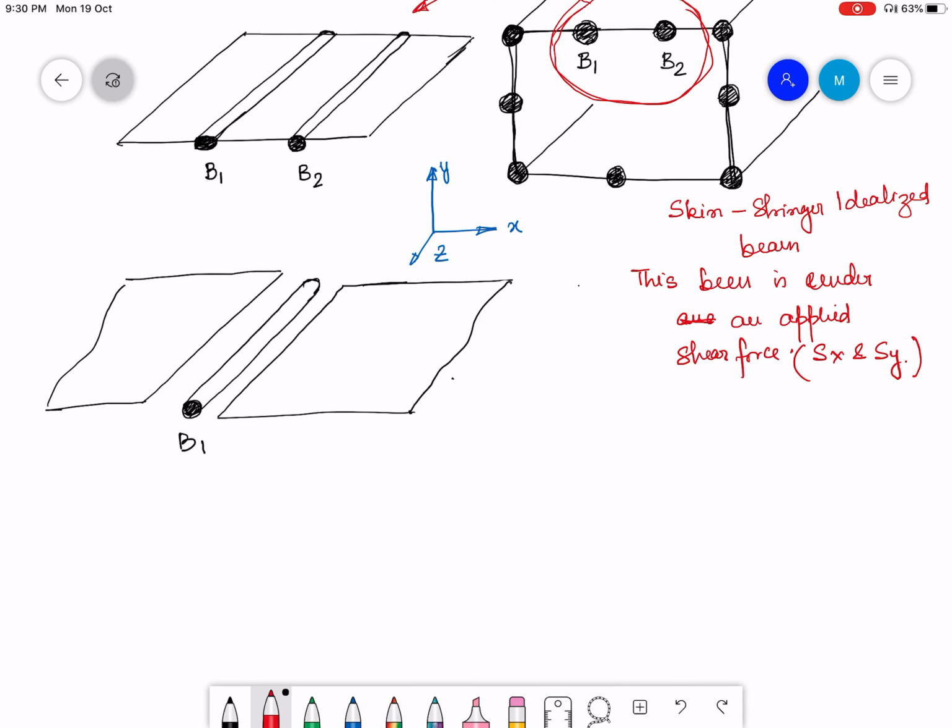Okay, so now if I consider this boom 1, let me see what are the stresses acting on this boom. So I have separated out the boom, and these two parts are the skin adjoining, or adjacent to, boom 1.